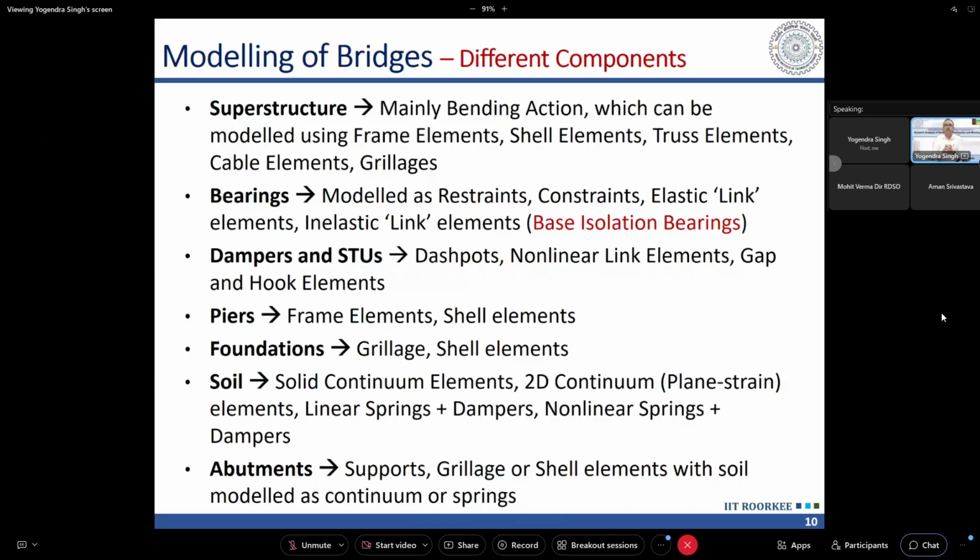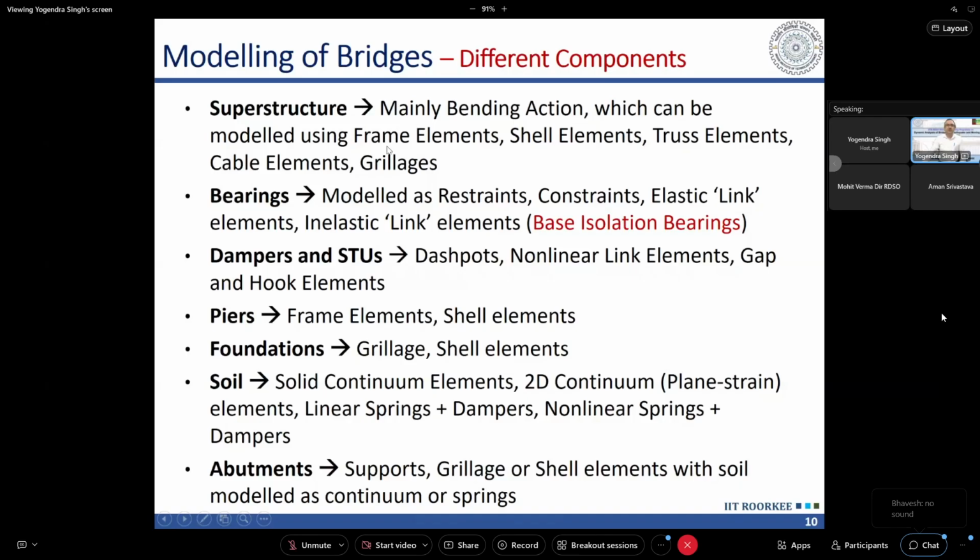So in most cases, the superstructure during earthquake is acting like a mass, but it is also subjected to bending, especially if it is flexible. And under moving load, the superstructure is the most important component. The response under moving load will be different. There, it is mainly the superstructure which gets deformed, and we need to model it.